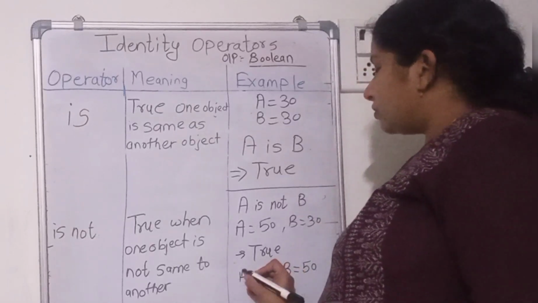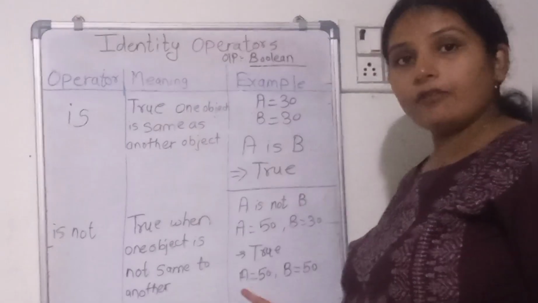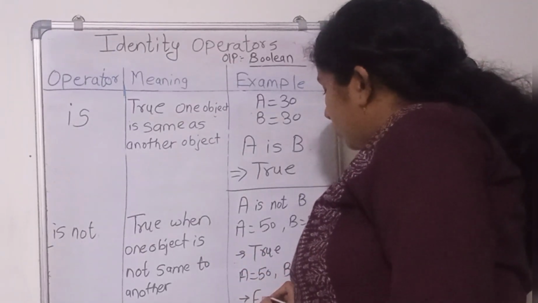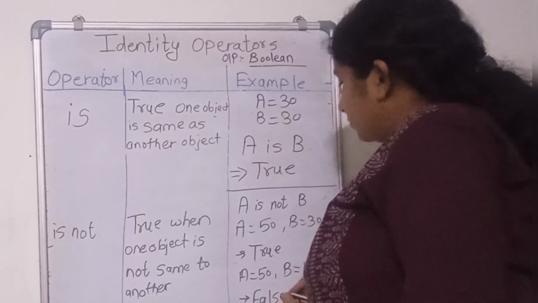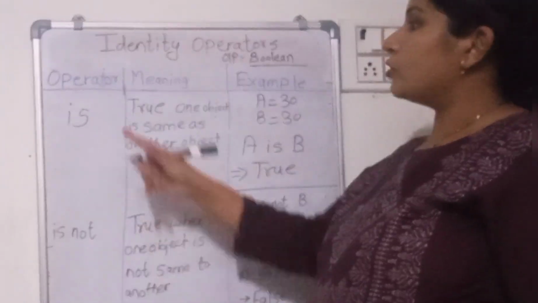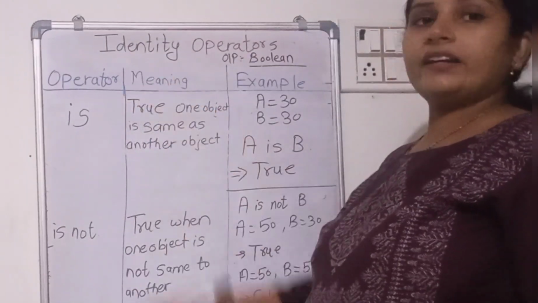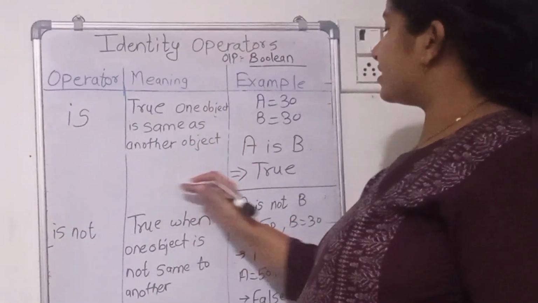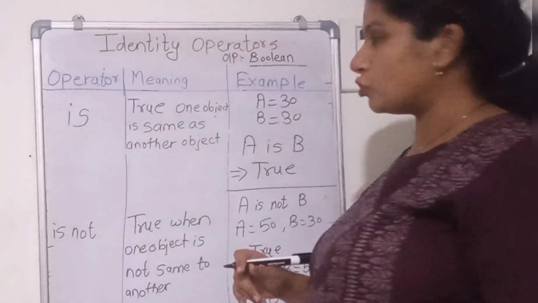These both variables have equal value, so the answer is false. So this is the is not operator, exactly the opposite of the is operator. These are the two identity operators we use to get the result in terms of Boolean value, true or false.